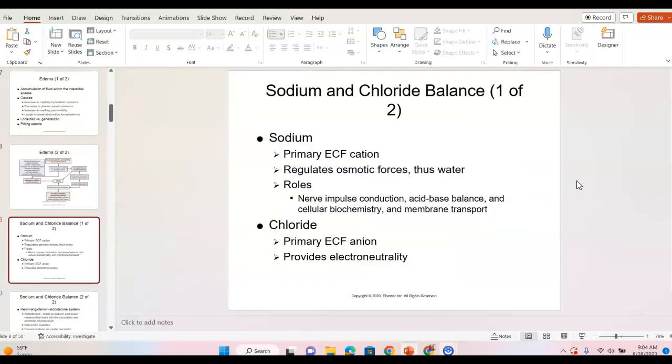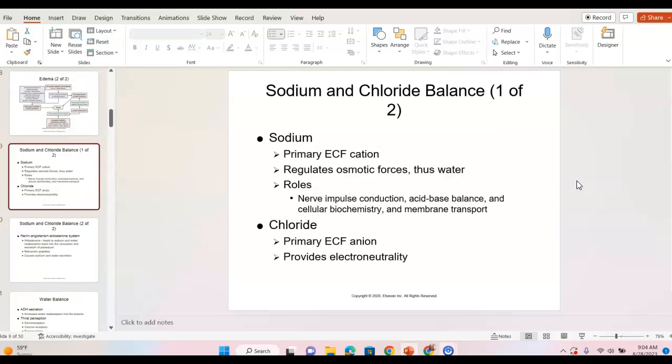Okay, we went through this. Sodium is the extracellular fluid cation. Chloride is the extracellular fluid anion. Sodium is a very big proponent, not only for that fluid balance, it helps with nerves and muscles and how they function. It's one of the primary ions that we use with that action potential.